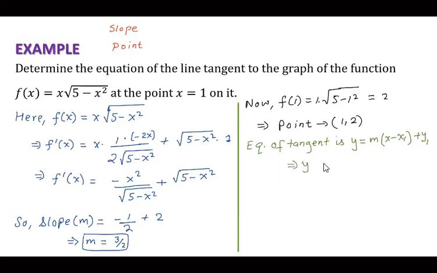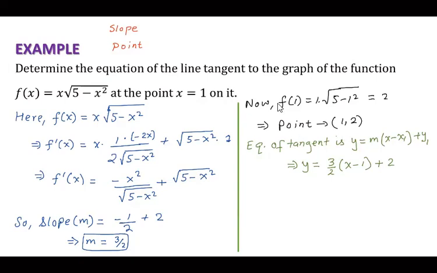So this will be y equal to, the slope is 3/2 times x minus, your x1 is 1, then plus y1, the y coordinate is 2. That is third step. So you can clearly see in first step, we find the derivative, plug in the value of x, and we got the slope.